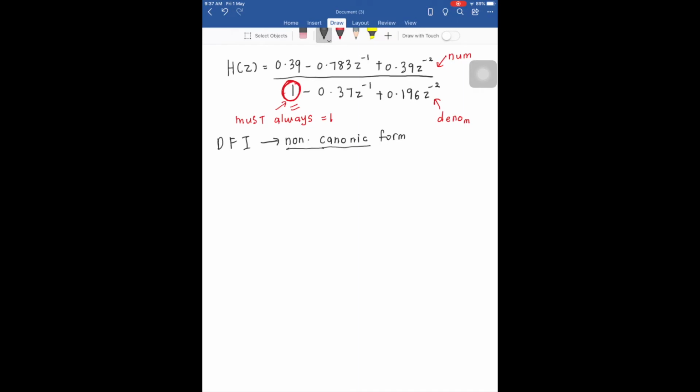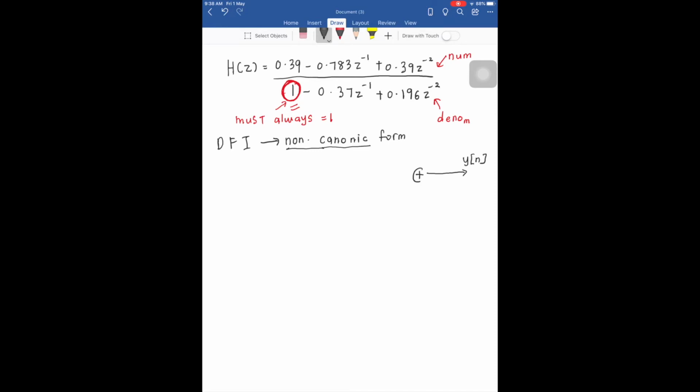The numerator has its own delay and the denominator has its own delay. As I mentioned in the lecture, the numerator part you sketch at your right, close to your output.